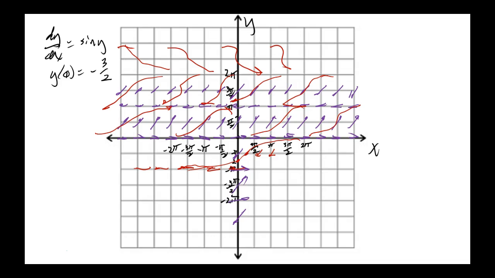No, how did they have it backwards? Oh, wait. When x is 0, I put it in the wrong place. It should be right here. When x is 0, y is negative 1/2.